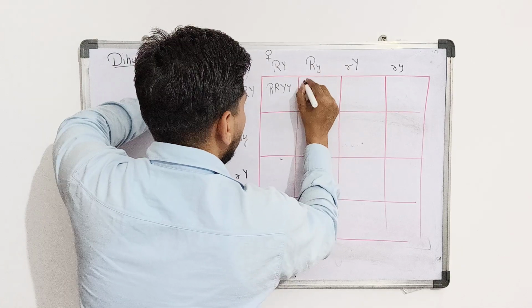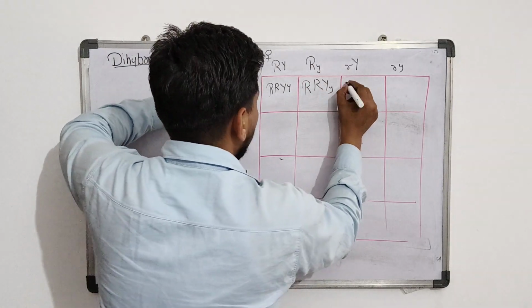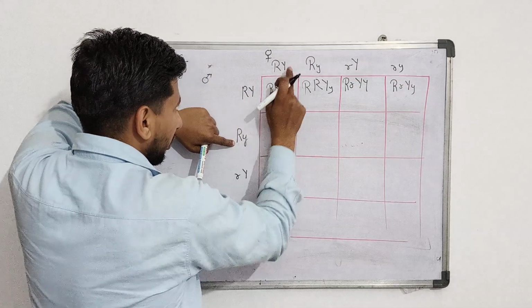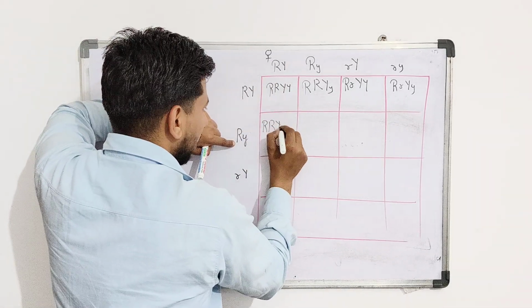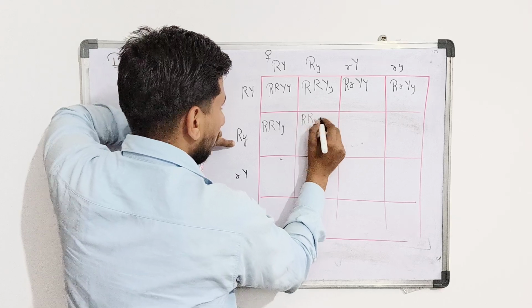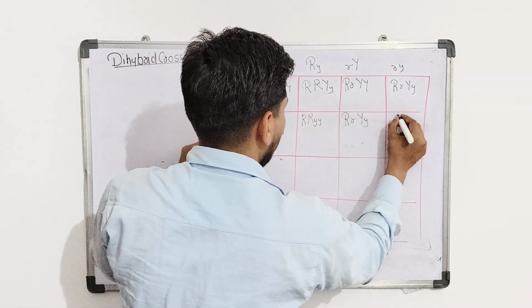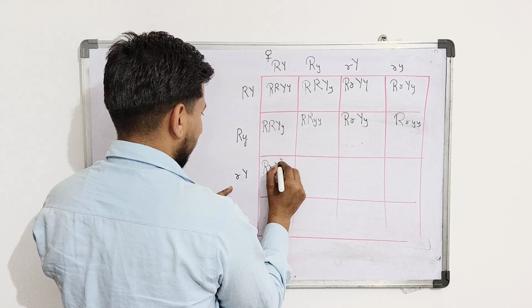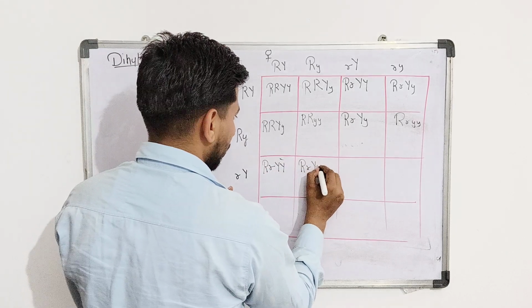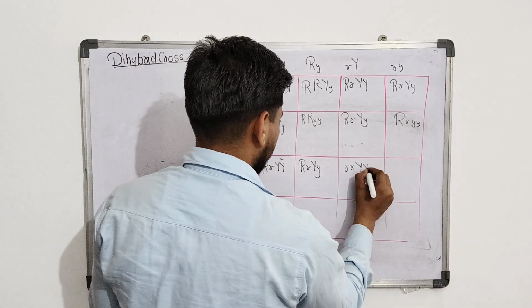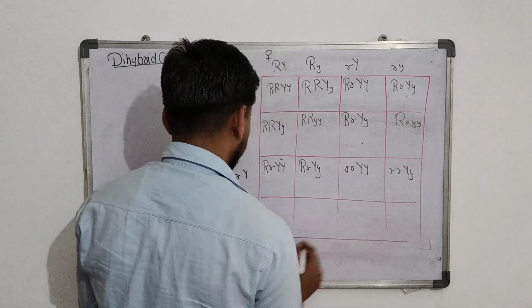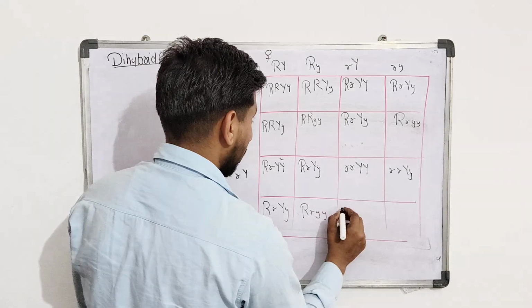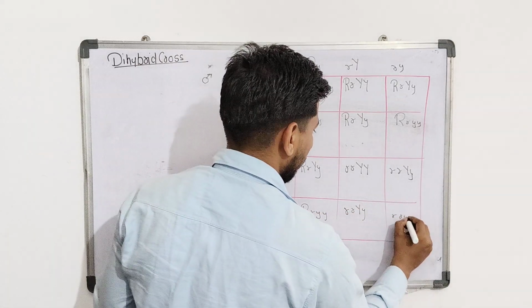Now this one with that: capital, capital, capital, small. Now this second one with the first one, and so on, and we continue crossing each male gamete with each female gamete until the last one, small, small, small, small.